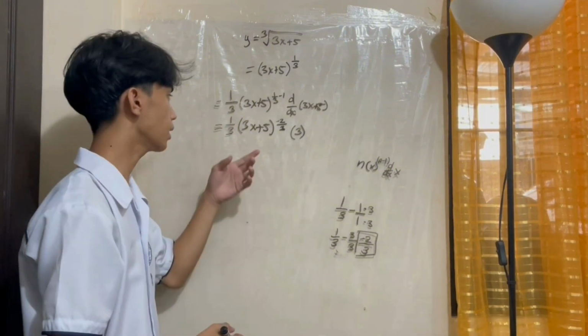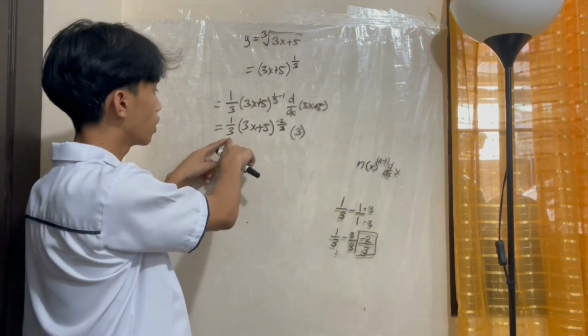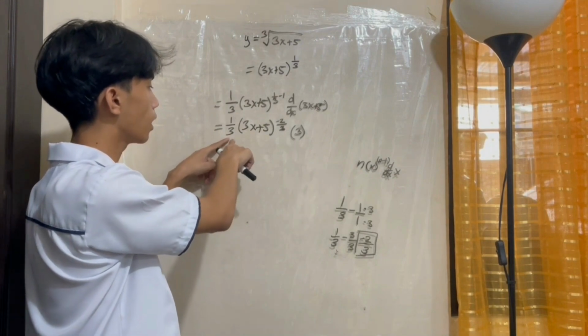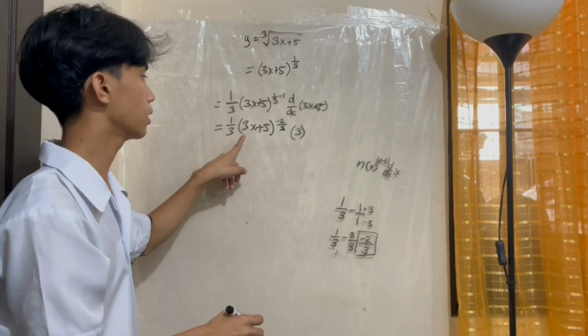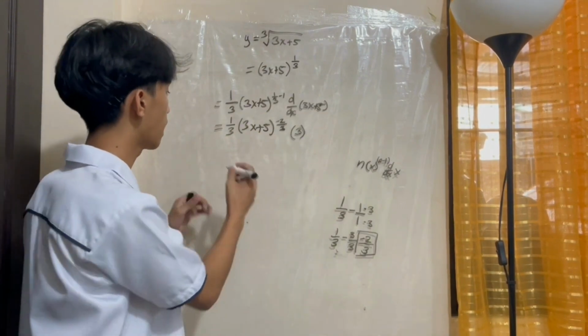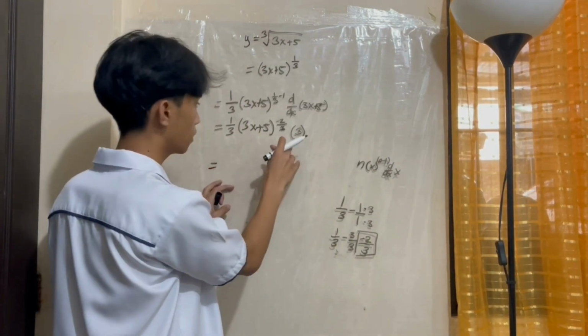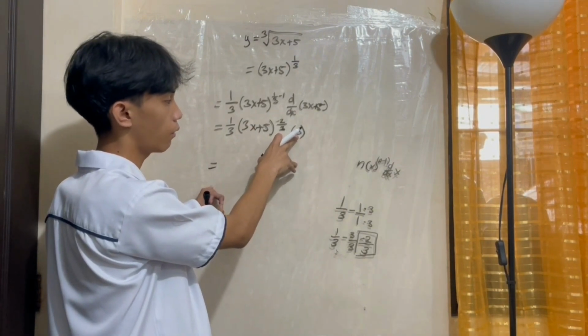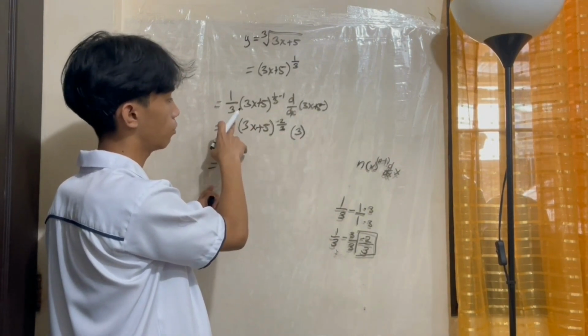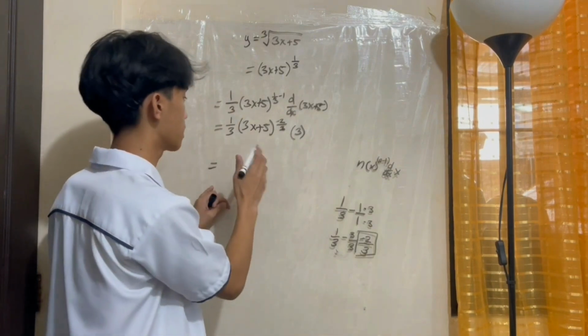And as I said earlier, our denominator 3 can be multiplied by everything. So let's multiply the derivative of our x, which is 3, into the numerator first.